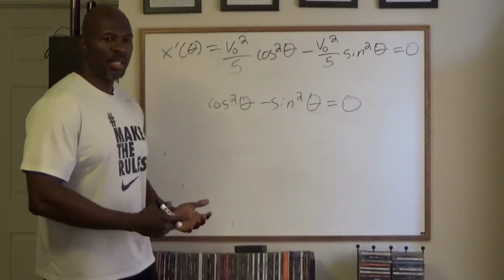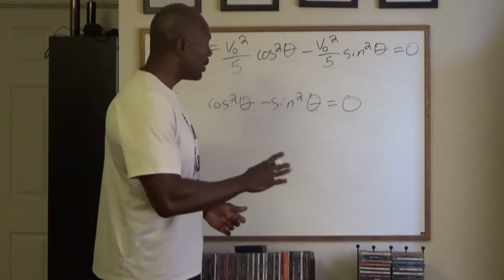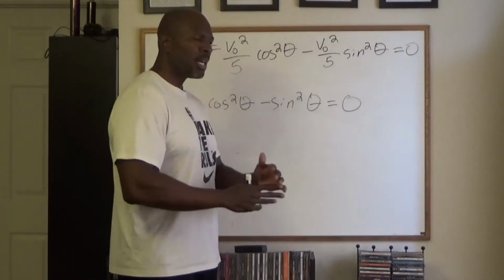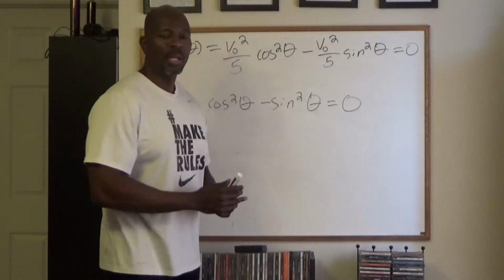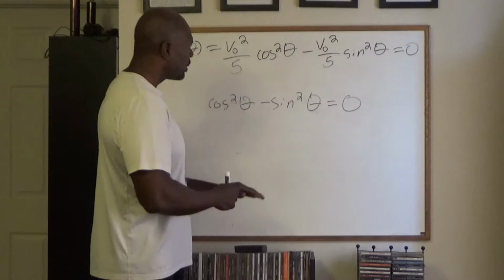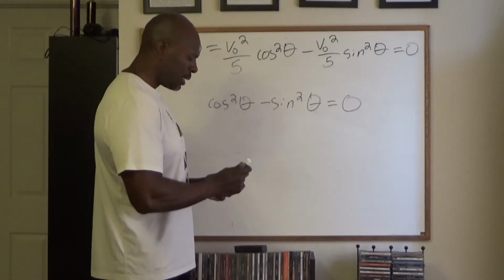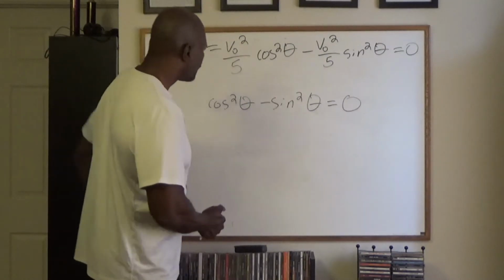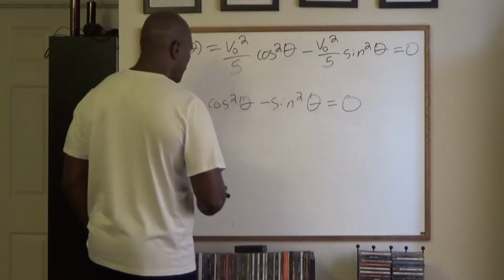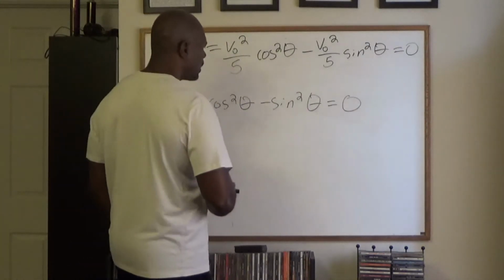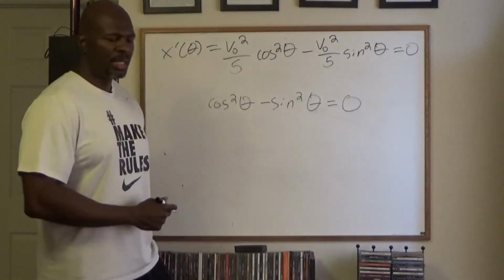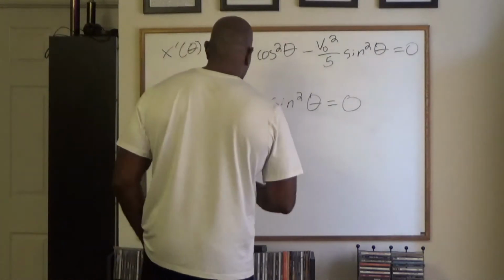Now with your understanding of trigonometry, you should already know what that angle is. But I'm going to work it out a different way. Let's say I rewrite cosine squared theta using one of our Pythagorean identities as 1 minus sine squared theta.